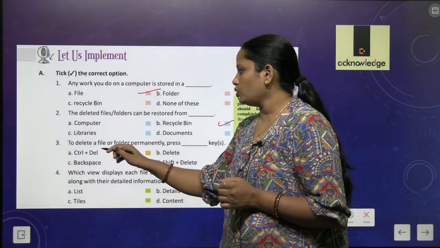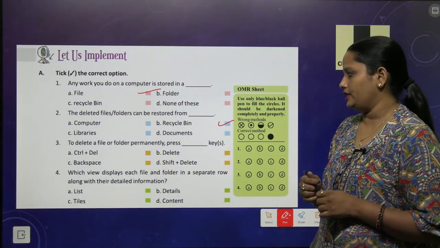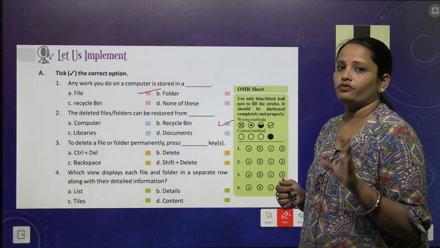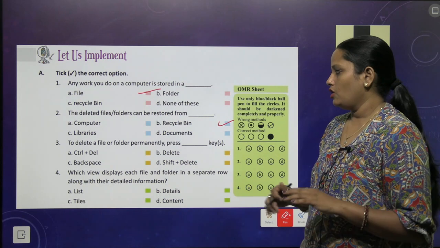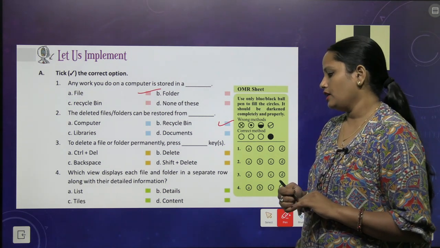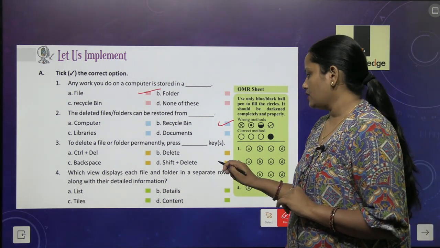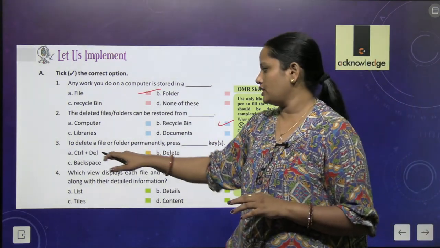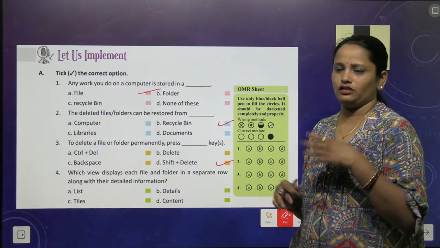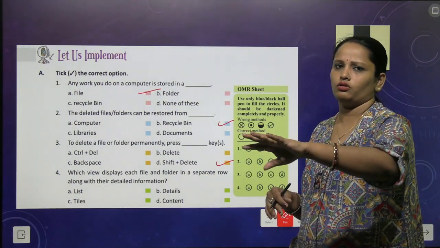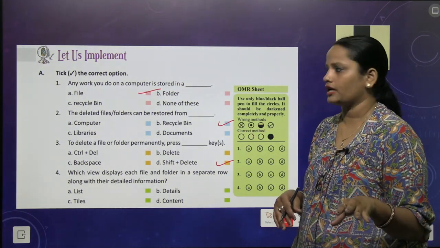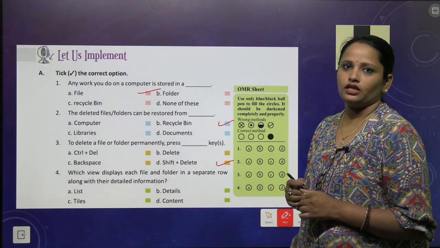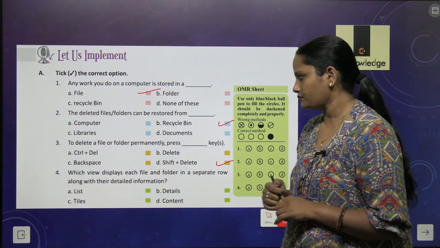Next is, to delete a file or folder permanently, press dash key. When we want to delete a file or folder permanently, what should we press? Yes, we should press shift plus delete. Control plus delete, what will it do? It will delete the file, but it will send it to the recycle bin. But with shift plus delete, we can delete the file permanently.